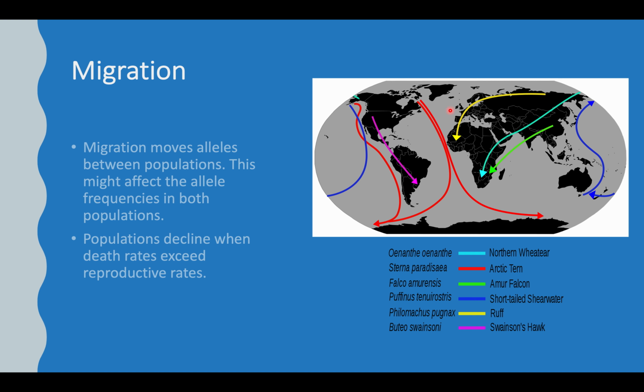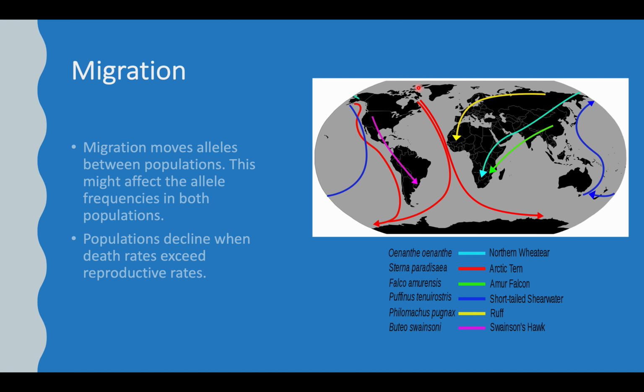Within this process, the alleles or the genes that these individuals carry from their initial population are transferred between different populations. When they arrive in their end goal area, they most likely breed, and those new alleles from the different population are introduced to the new population.